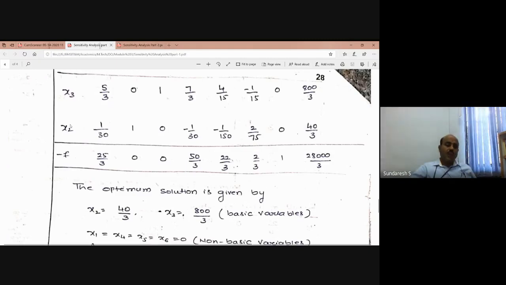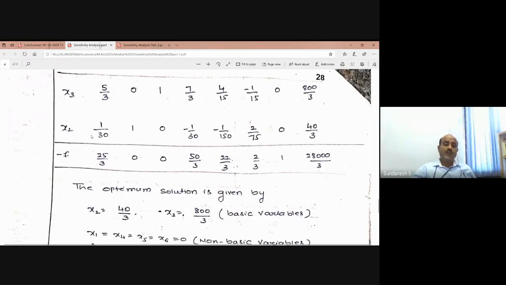Hoping that x2 we have got it. The x2 row: 1 by 30, 1, 0, minus 1 by 30, minus 1 by 50, 2 by 75, 0, 40 by 3. So this is the x2 row, the values we have got.